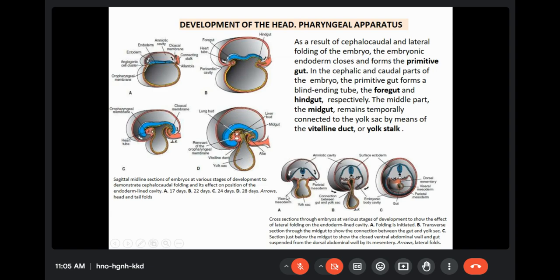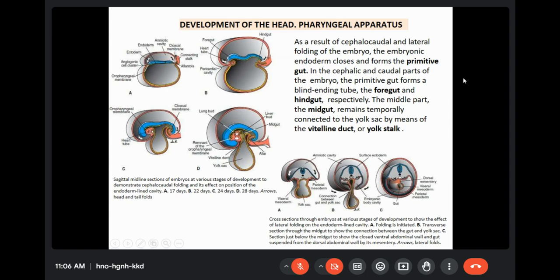The same you see in these three pictures. Here the arrows show the lateral folding, and here you see the primitive gut, which is connected to the yolk sac.